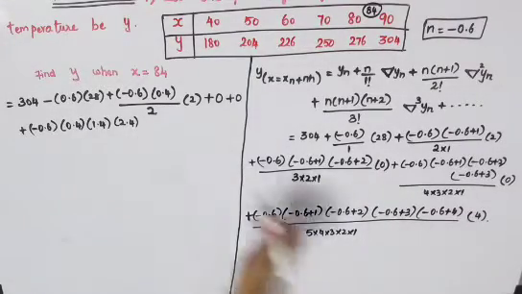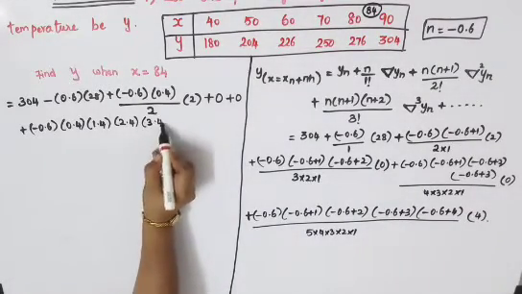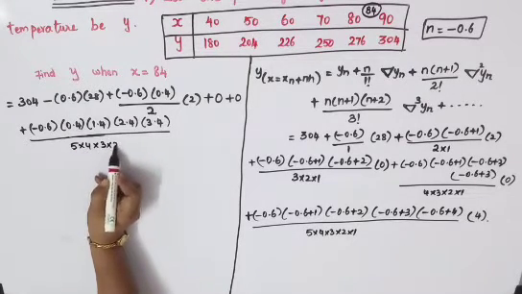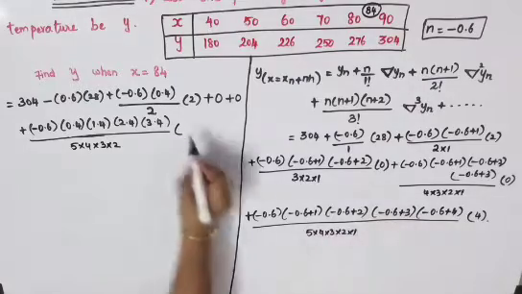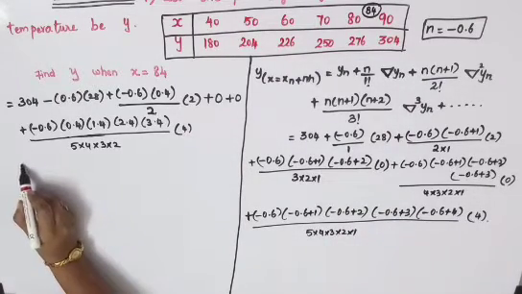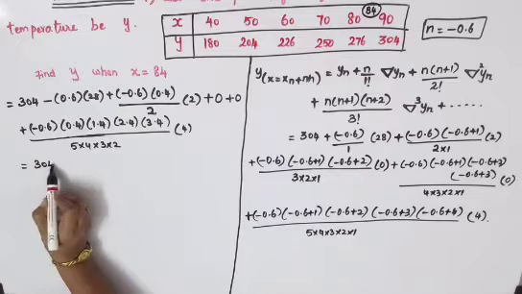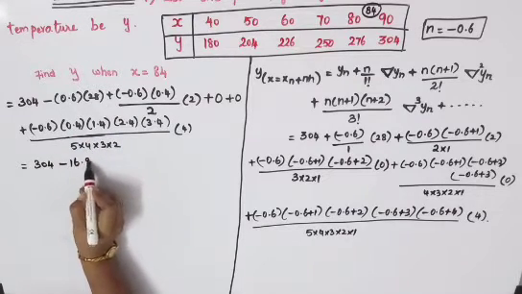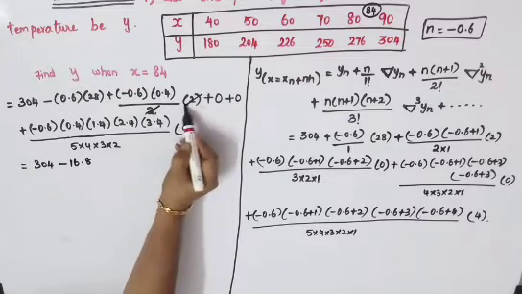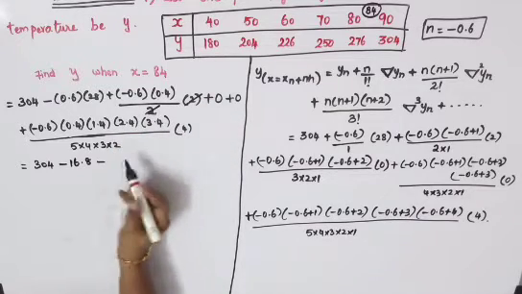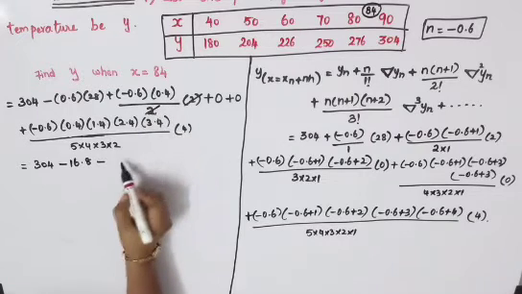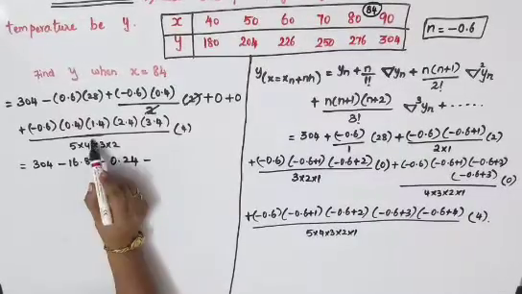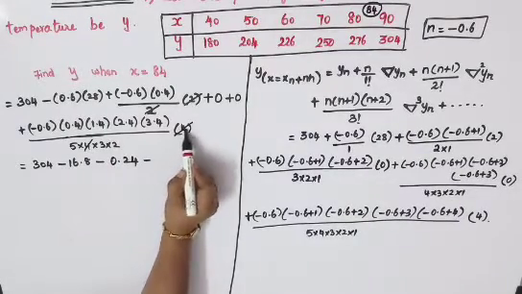Minus 0.6 plus 4 is 3.4, divided by 5 into 4 into 3 into 2 into that 4, is equal to 304 minus 0.6 into 28, you will get 16.8, and this 2 and this 2 can cancel. Again plus into minus is minus. 0.6 into 0.4 is 0.24, plus into minus is minus. This 4 and 4 you can cancel.